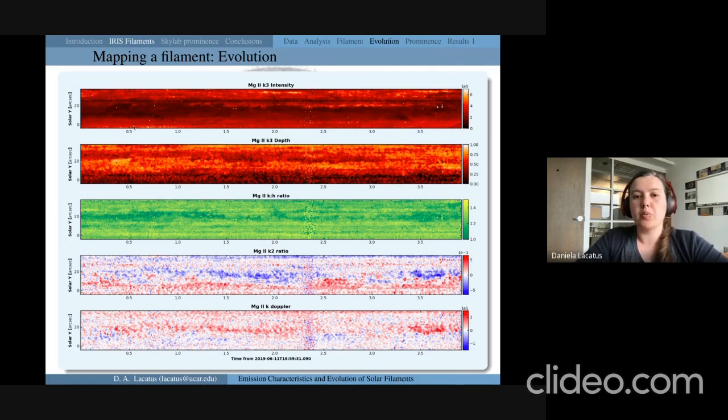So at the beginning we have a very extended width of the filament, and later on we only see a very few strands that have been separated and are emitting by themselves. And especially when looking at the variation of the ratio between the H and K line, we can observe how this variation is happening.